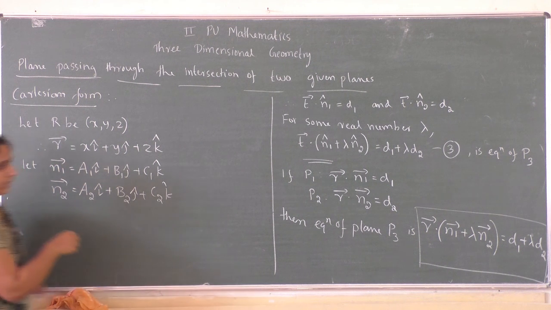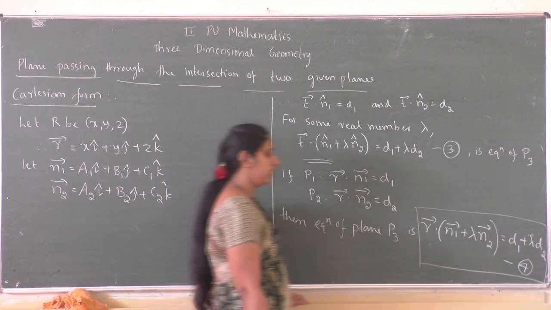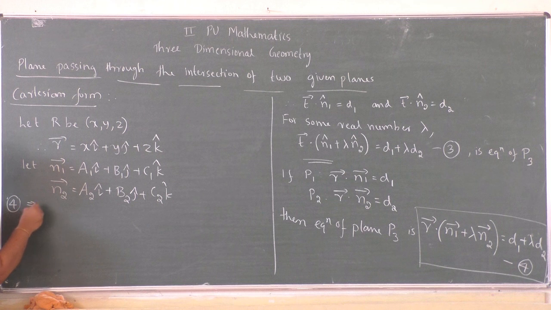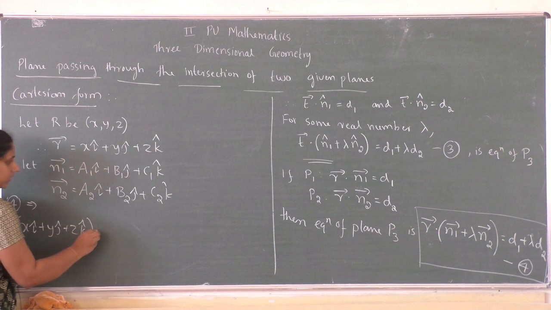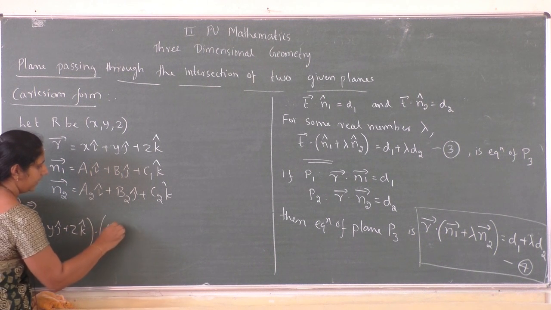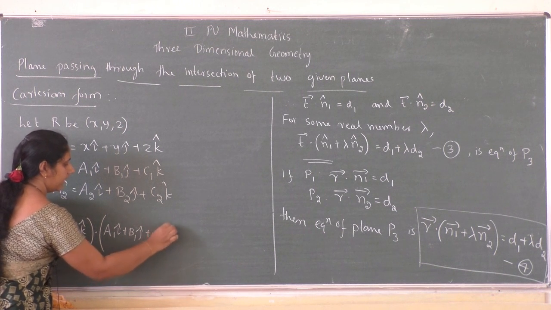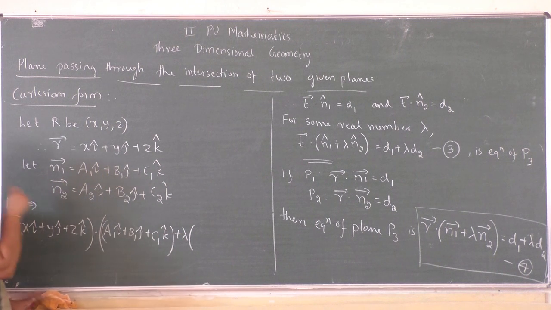Now take this equation 4. Now substitute the values in equation 4. What will we get? R vector is xi cap plus yj cap plus zk cap dot n1 vector, which is a1 i cap plus b1 j cap plus c1 k cap, plus lambda times what is n2 vector?